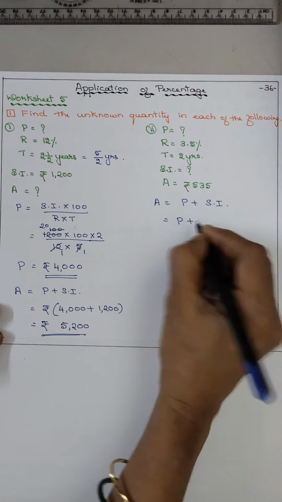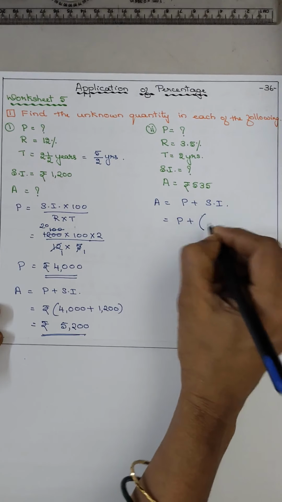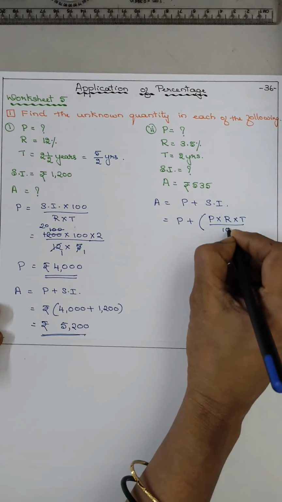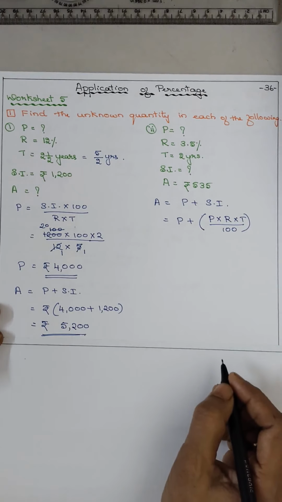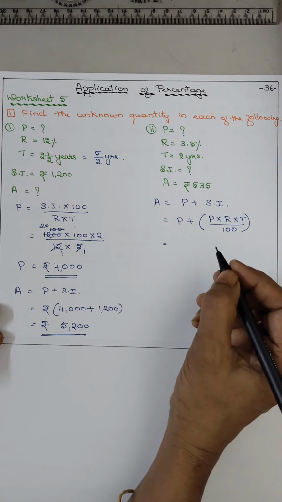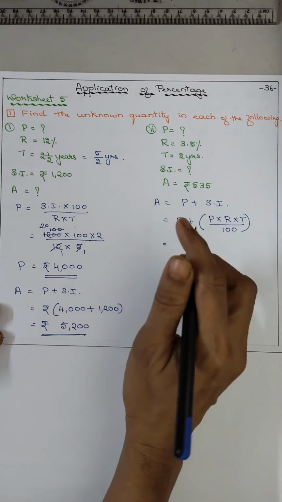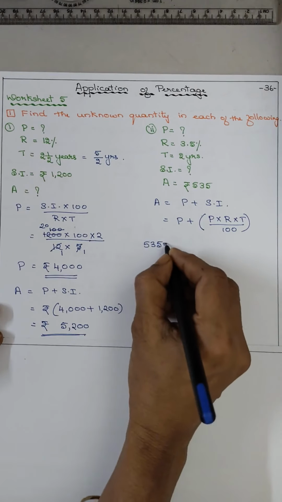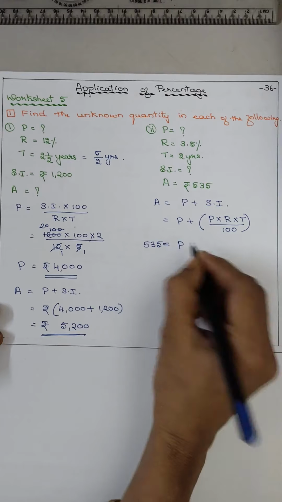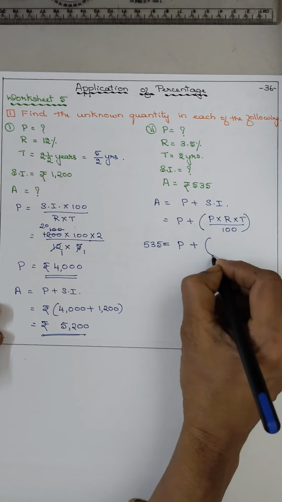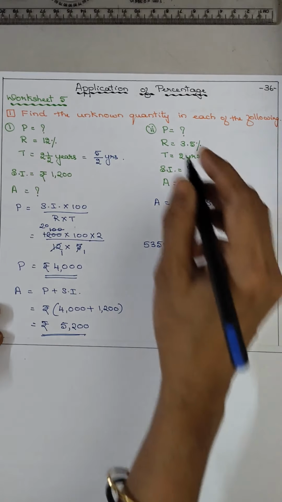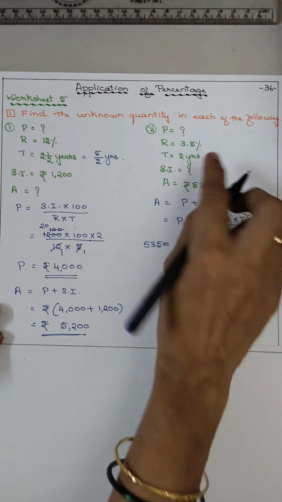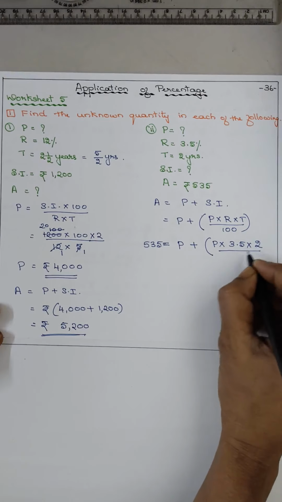So principal as it is, SI is P into R into T upon 100. Okay. Now principal we don't know. Put the value 535 and principal you don't know, P plus P into R is 3.5 into time is 2 upon 100.